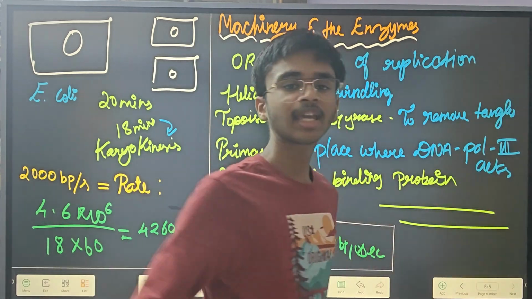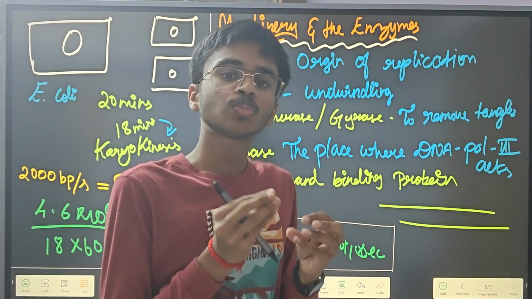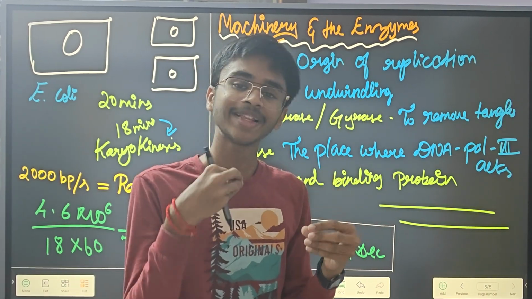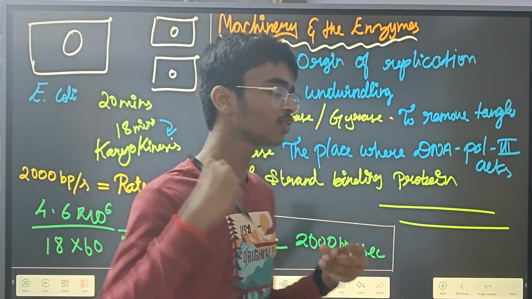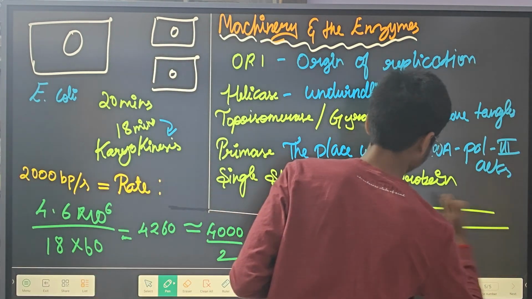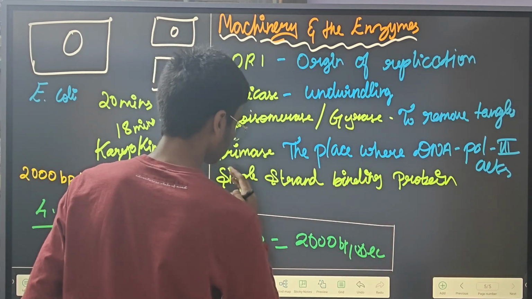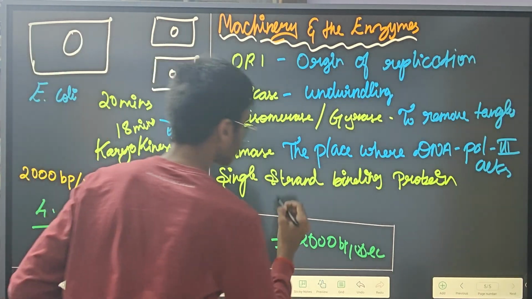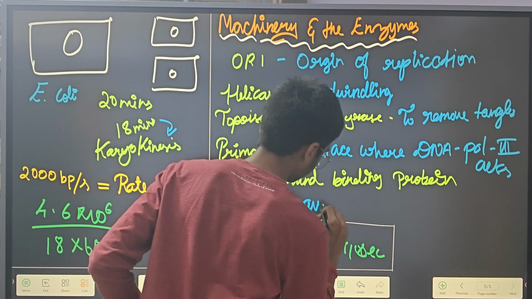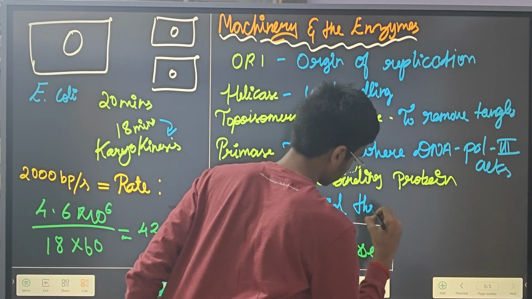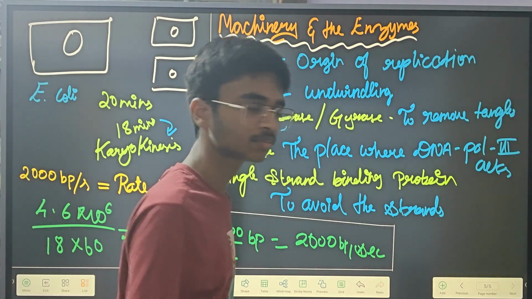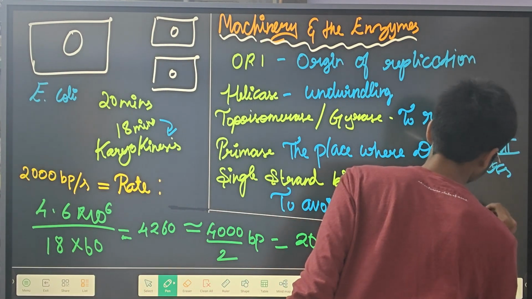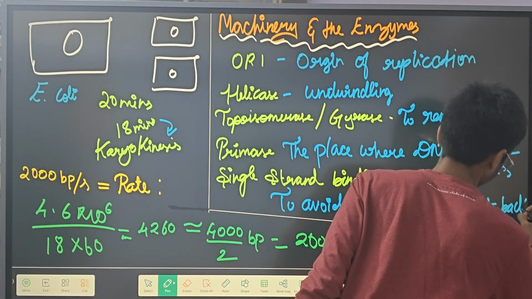Again, it should not be attached. Again, it should not form that helical structure. So to prevent the reformation of the double helical structure, it is using single strand binding protein, to avoid the strands getting back together.